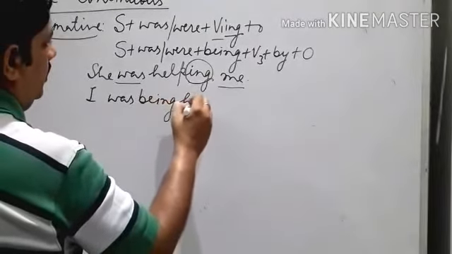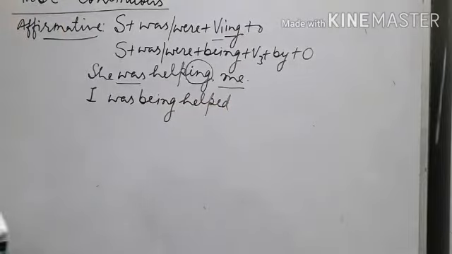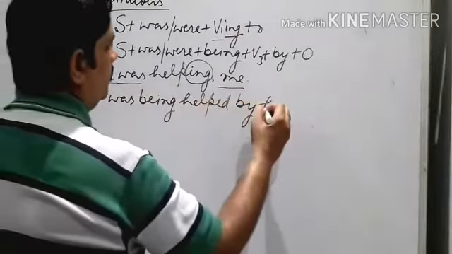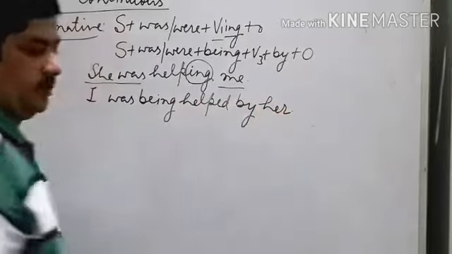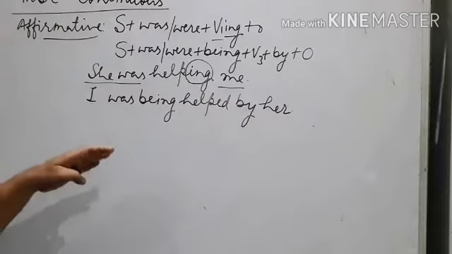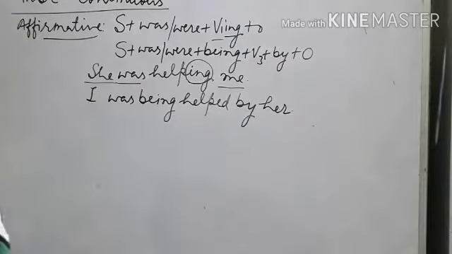I was being, then third form helped, and then by, and change this subject into her. Very simple it is. The rules that we apply to present continuous, same will be applied here.